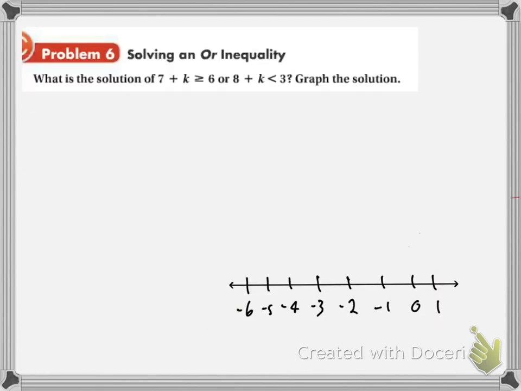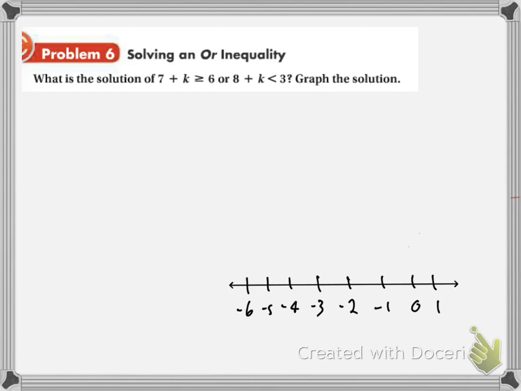The last problem that we're going to look at is an or inequality. What is the solution if 7 + k ≥ 6, or 8 + k < 3? And then we want to graph it again. In this case, it either has to satisfy this or this.